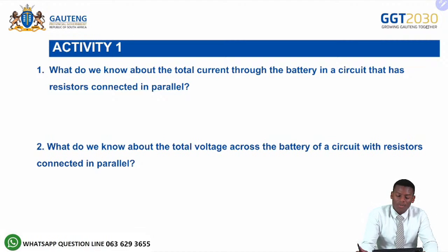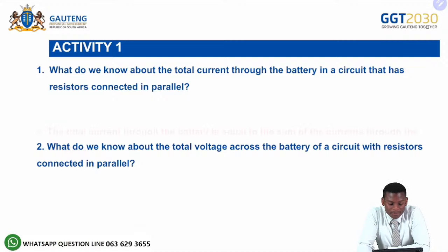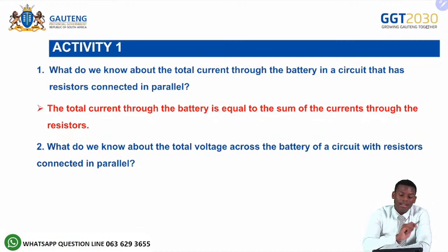Okay, activity one. What do we know about the total current through the battery in a circuit that has resistors connected in parallel? We know that the total current through the battery is equal to the sum of the current through the resistors. Remember our diagram, right?